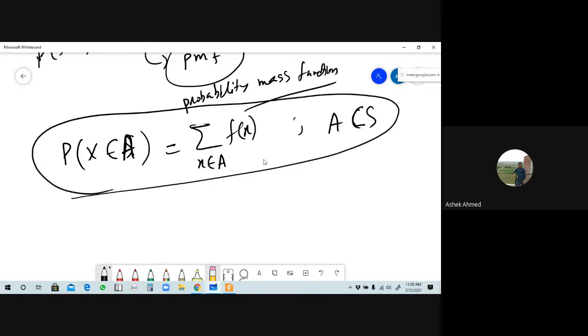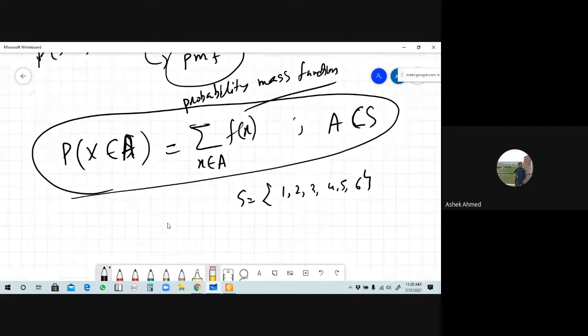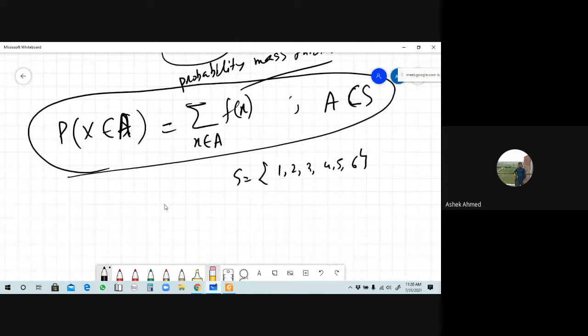Now tell me, if you draw a dice, how many outcomes are there? 6 outcomes, 1 up to 6: 1, 2, 3, 4, 5, and 6. Is it right? Yes, sir. Every outcome's probability is 1 by 6.